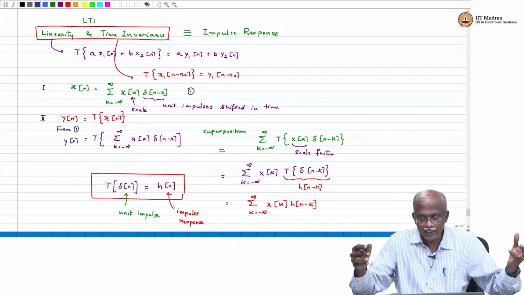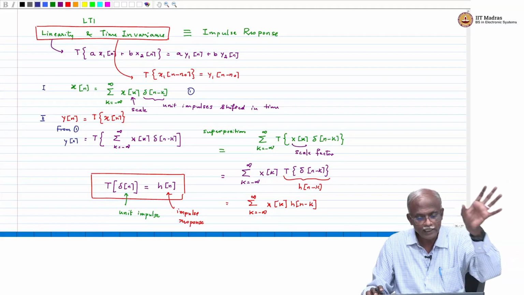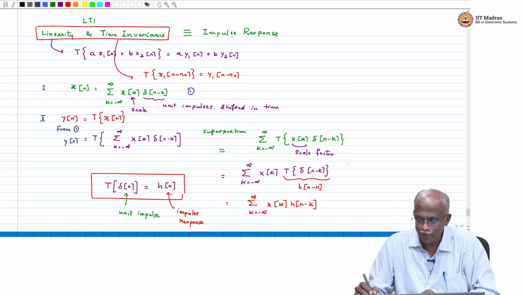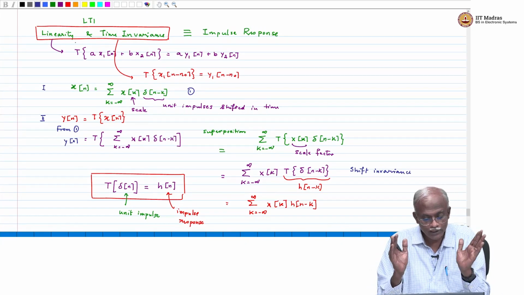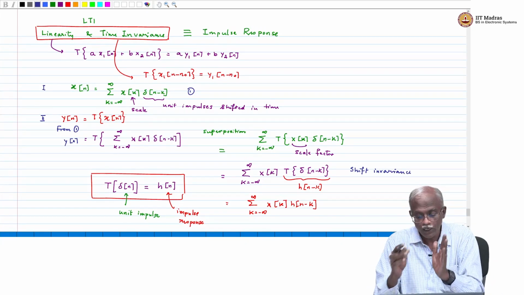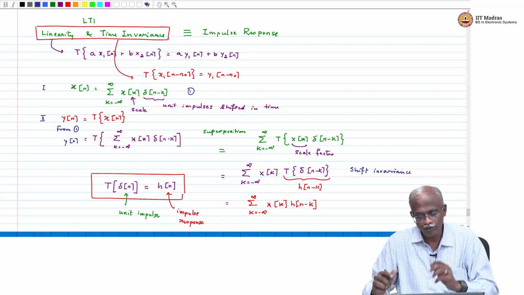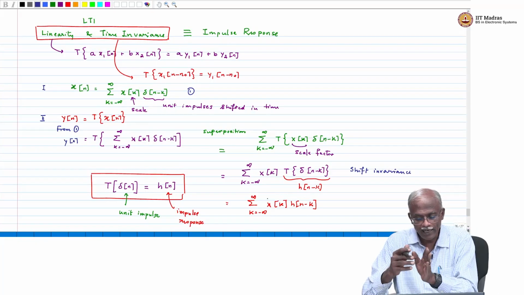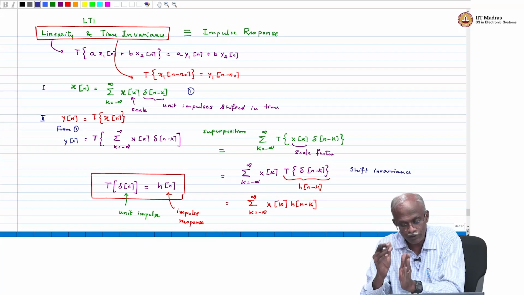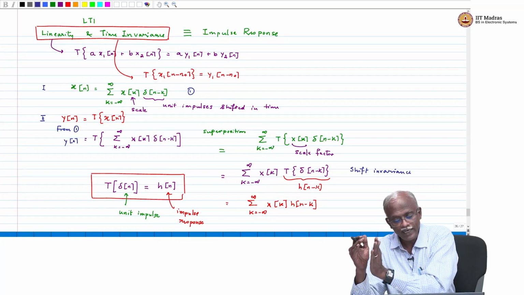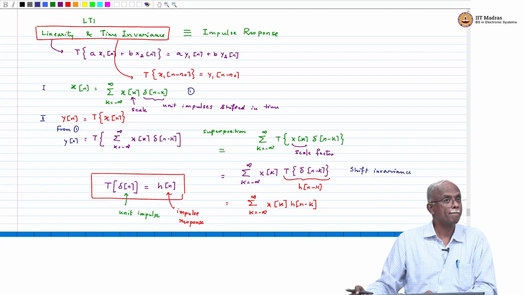By using the properties of linearity and shift invariance, we come up with a very powerful result: the output of this linear time invariant system to any input x of n can be obtained as the summation over k equal to minus infinity to infinity of x of k multiplied by h of n minus k.